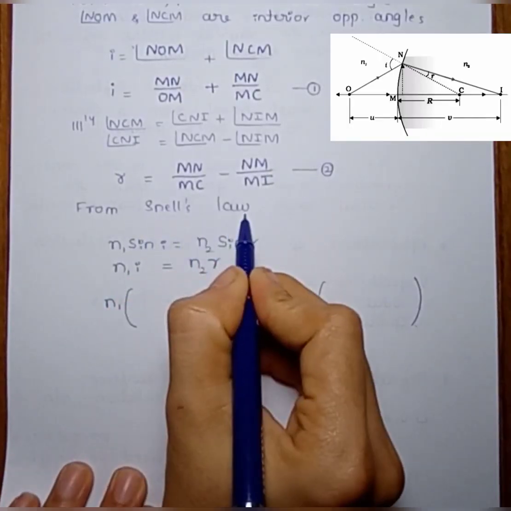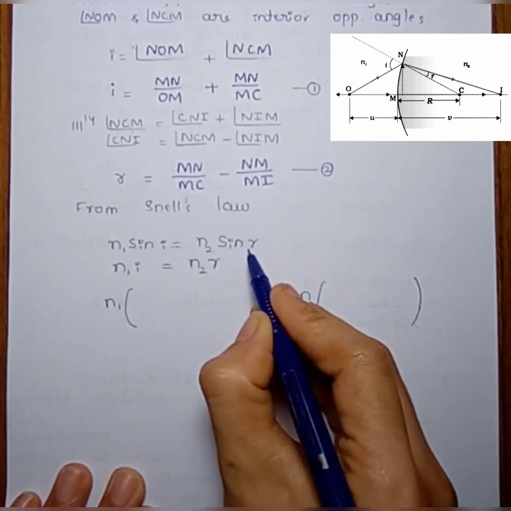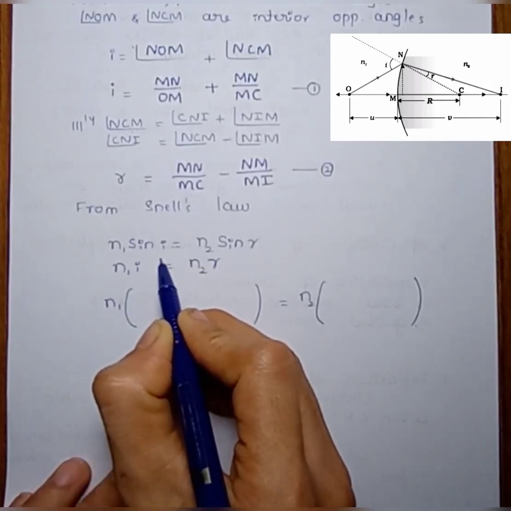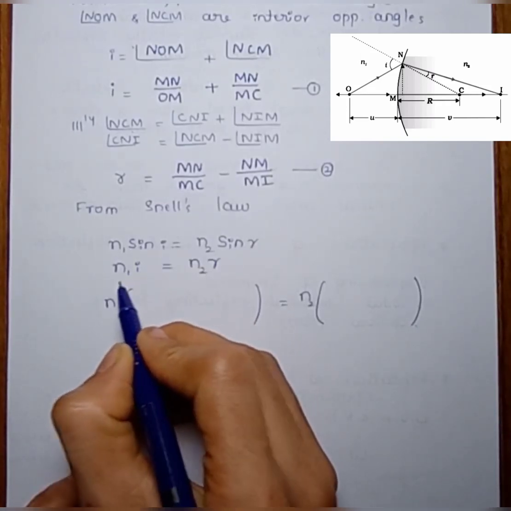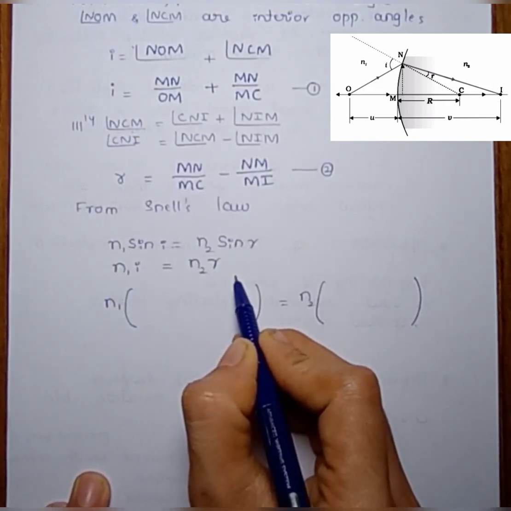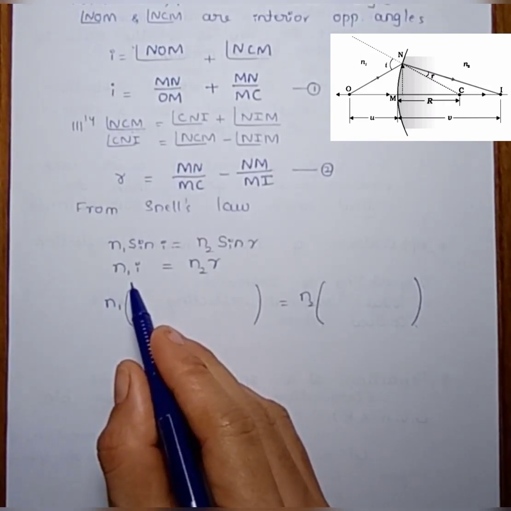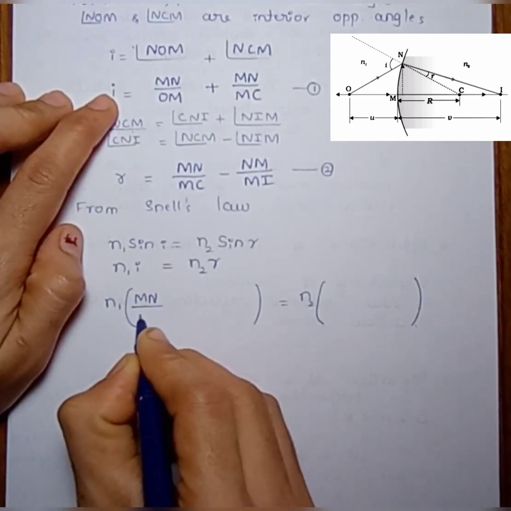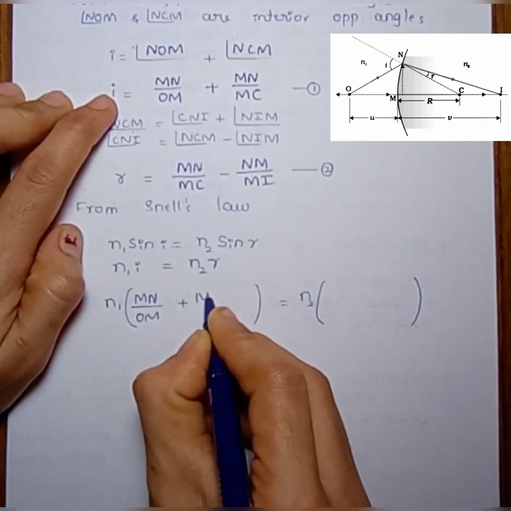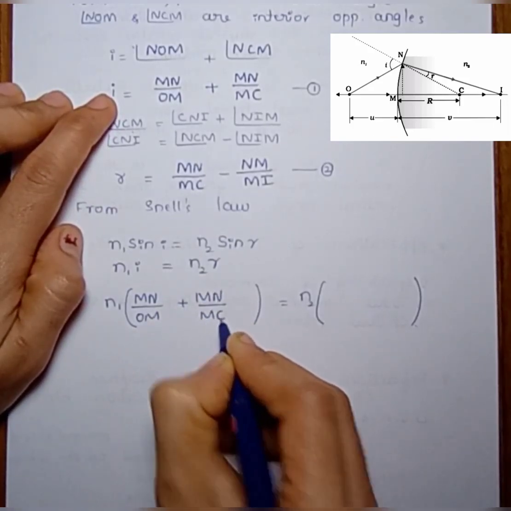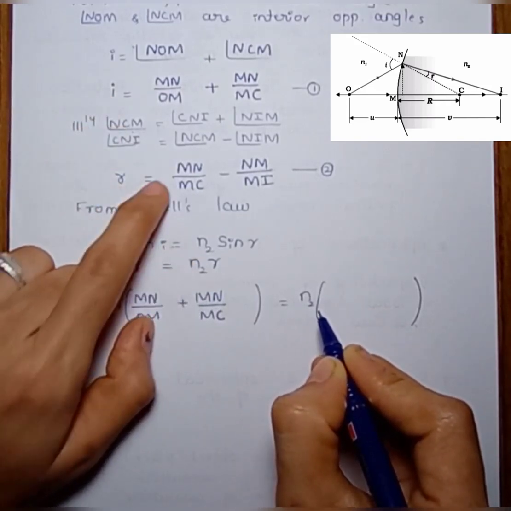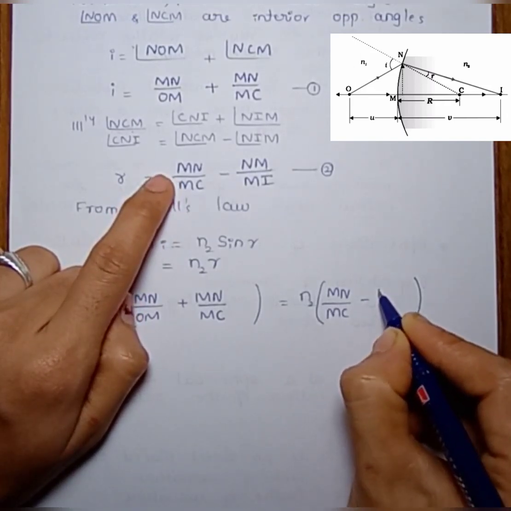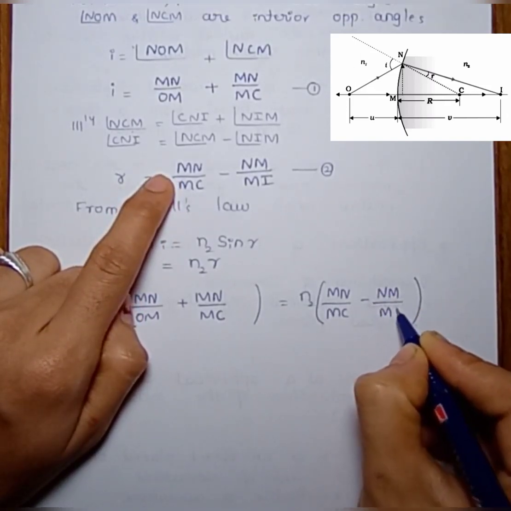Now from Snell's law, n1 sin i equals n2 sin r. Here sin i is nearly equal to i, because i is very small, so just take sin i as i. So n1 i equals n2 r. In place of i, we substitute n1 times MN divided by OM plus MN divided by MC, which equals n2 times r, which is MN by MC minus MN by MI.